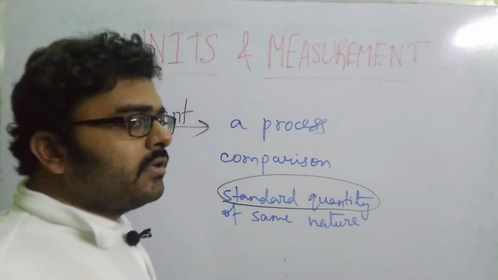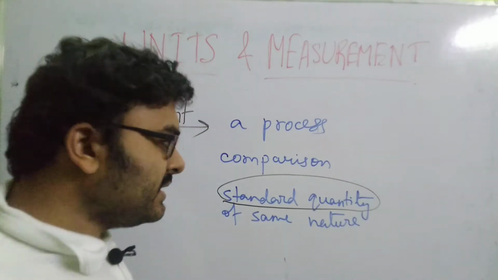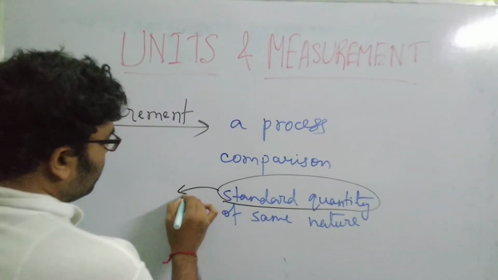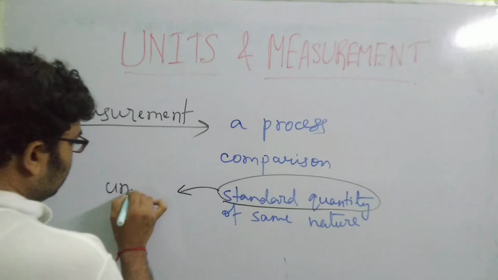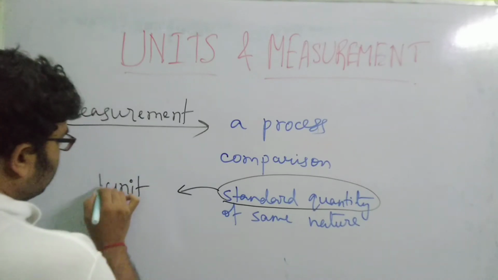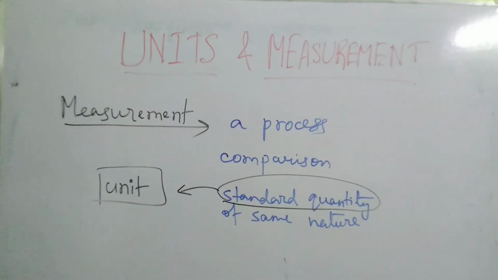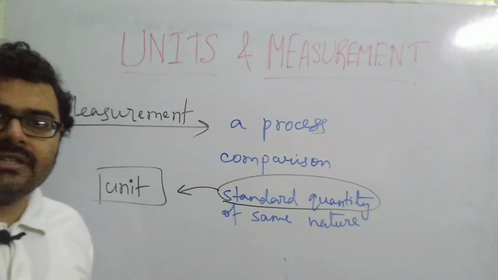Now, you know, the standard quantity is actually what we call a unit. So unit is nothing but a standard quantity with which you are trying to compare the physical quantity.